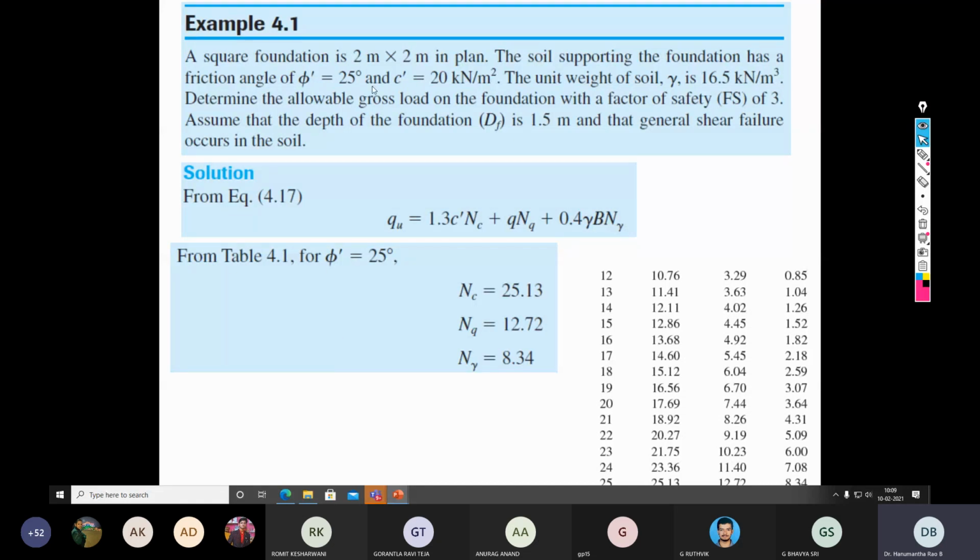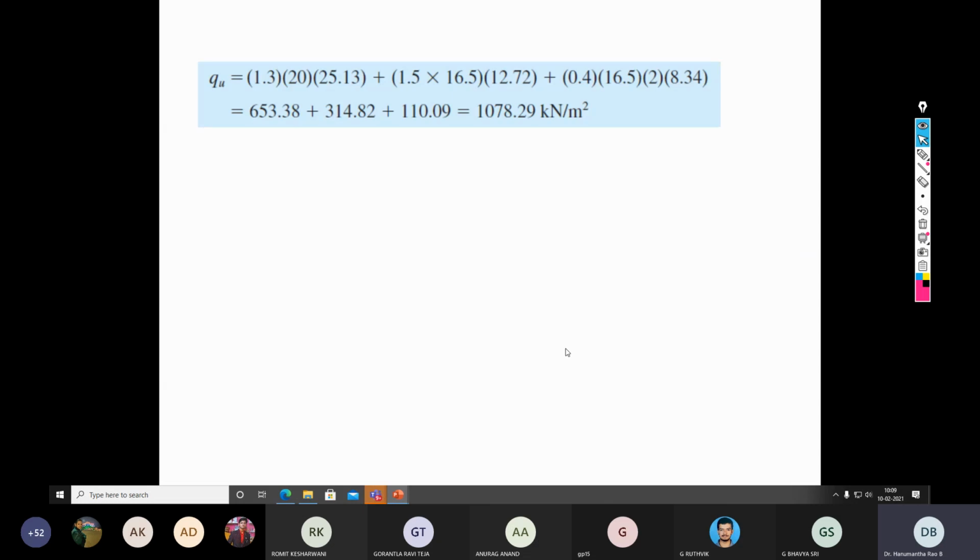So for a given phi dash of 25, Nc is 25.13, Nq is 12.72, and N gamma is 8.34. Next, simply substitute everything into that equation, that is 1.3 c Nc plus q, that is gamma Df, into Nq plus 0.4 gamma B N gamma. Then we get three different terms.